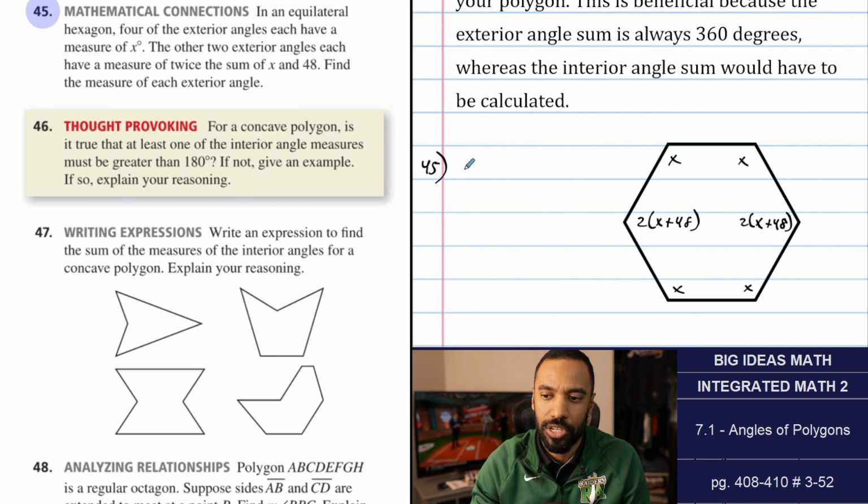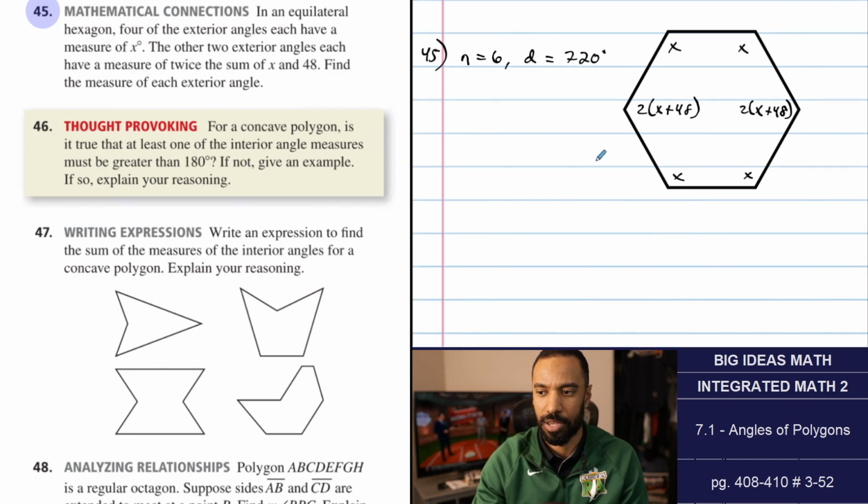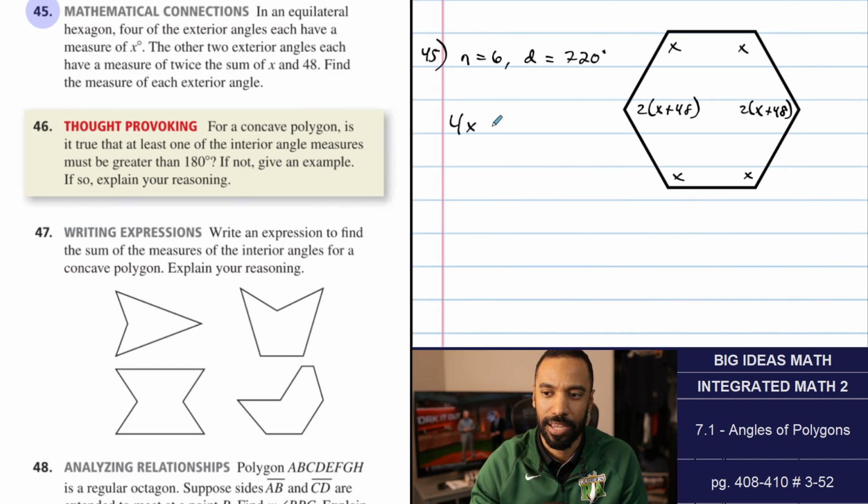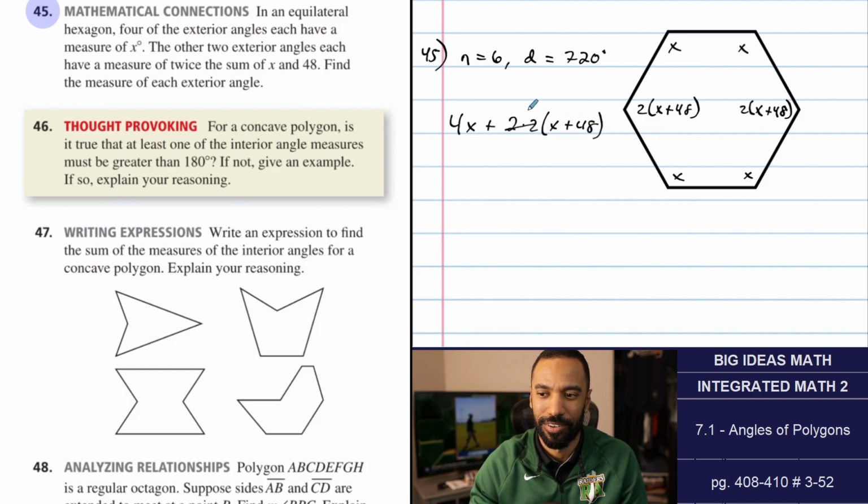Now the interior angle sum for a six-sided shape is 720 degrees. We've used that several times. I have 4 x's plus 2 of these, 2 times (x plus 48). So 4x plus 2 times (2x plus 48)... this equals 720.